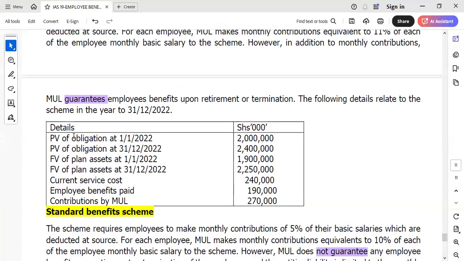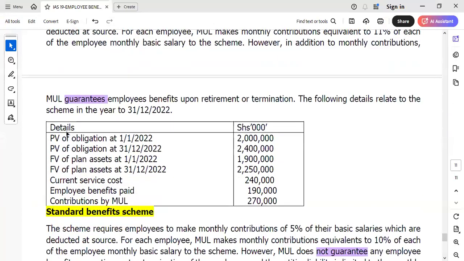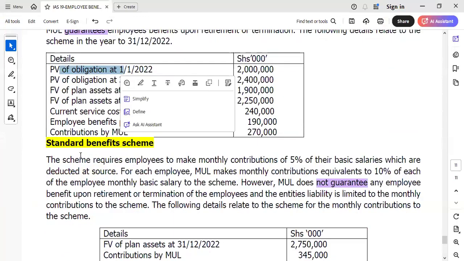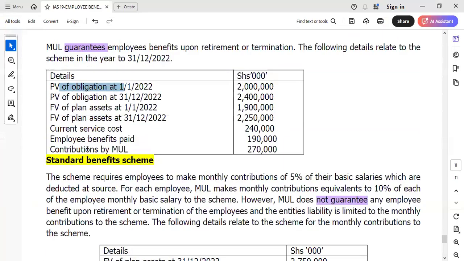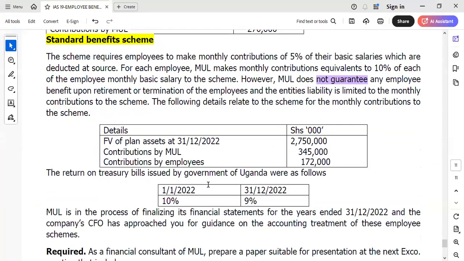Because you have everything. This is like question 3, you have everything like this. If it's an obligation, you know what you add. Remember now, the interest cost will be on obligation, and the interest rate you're going to use.